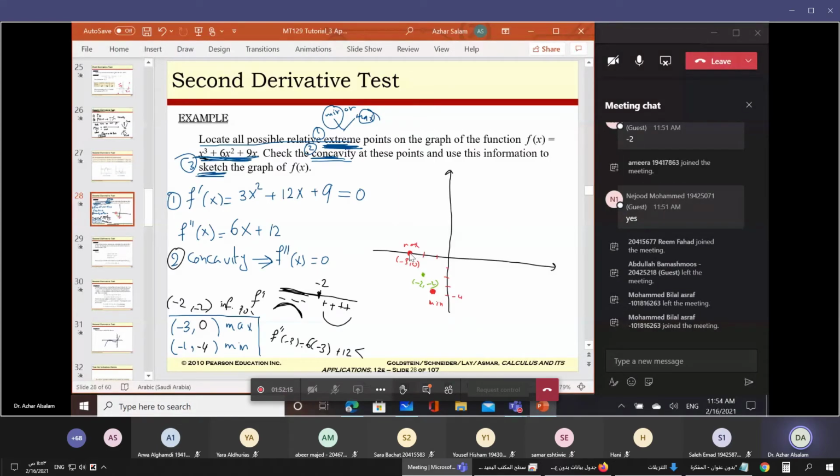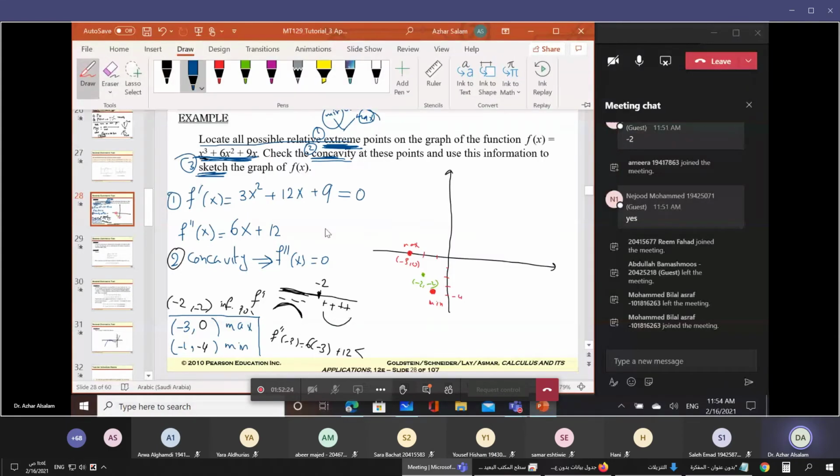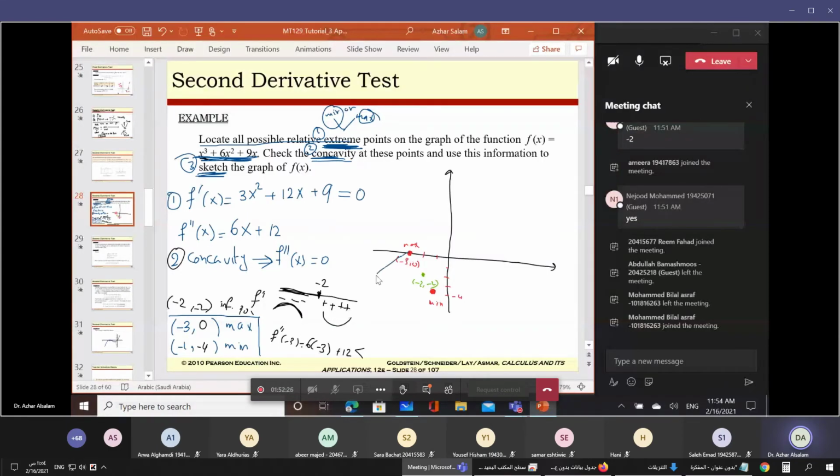Since this is a maximum, the function will be increasing, then decreasing. Like this. Notice here that this is increasing until here, and we said that it's concave down. So I keep it here like this, concave down.